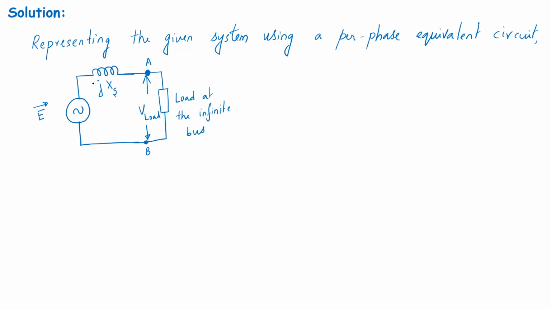Now, if a synchronous machine has to supply a particular voltage at constant frequency, the only way that can happen is if the speed of rotation of the synchronous machine does not change with time. Therefore, the moment we have a single machine connected to an infinite bus, we know for sure that the speed of rotation of the rotor cannot change with respect to time.